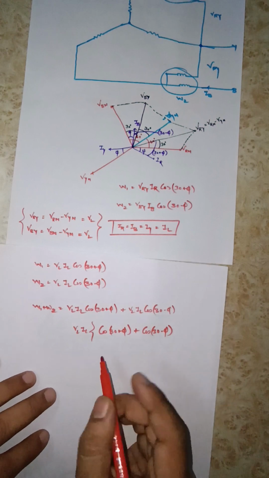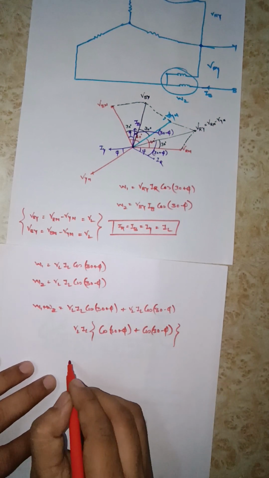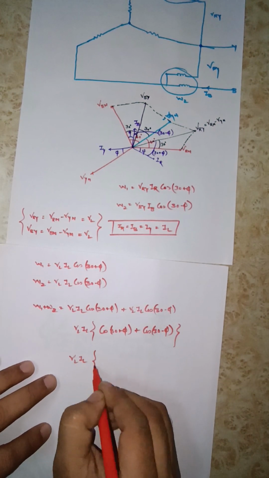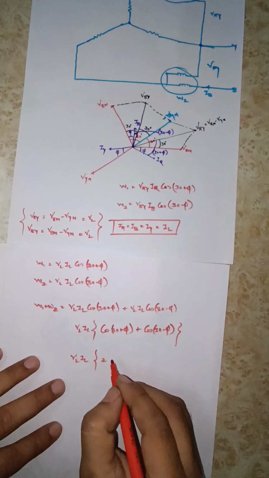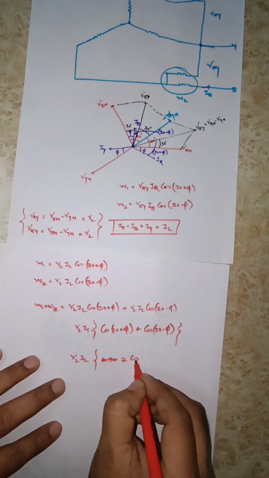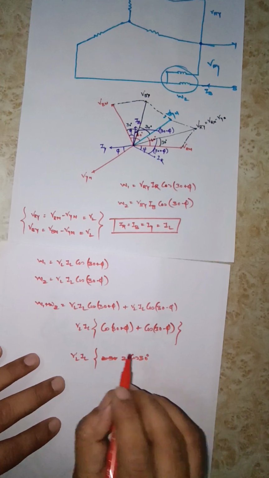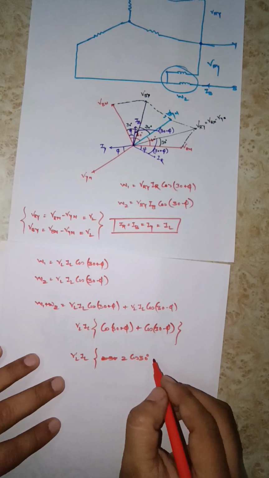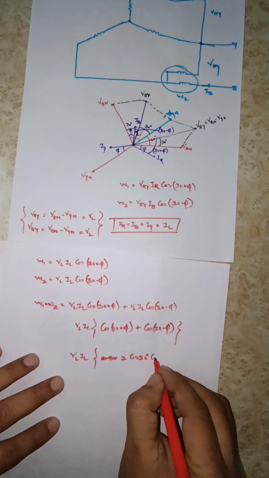So here it will be equal to VL IL, 2 cos 30 degree, cos phi.